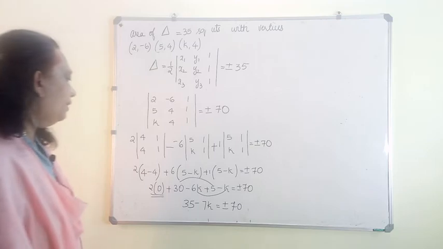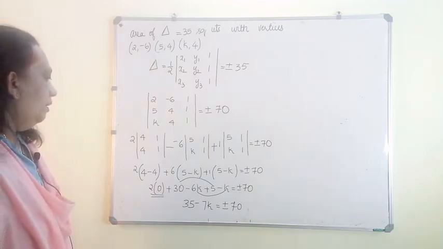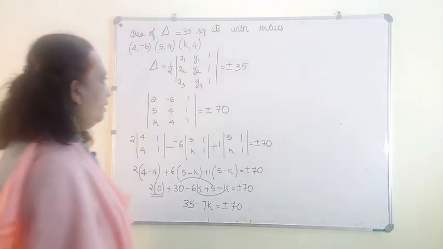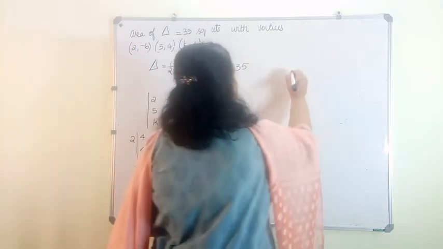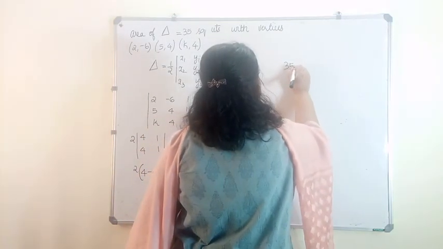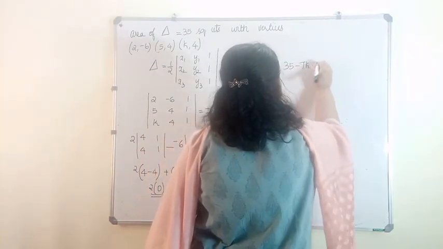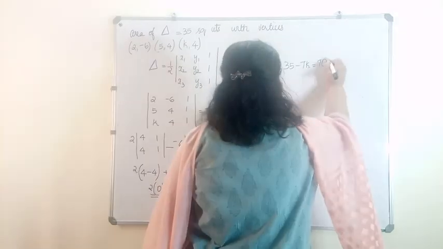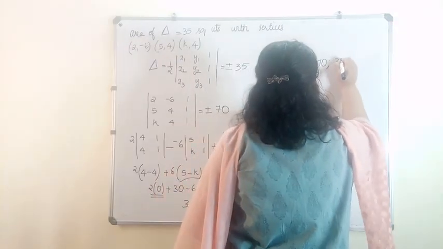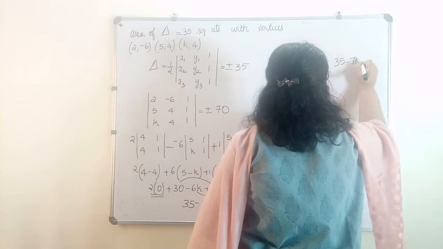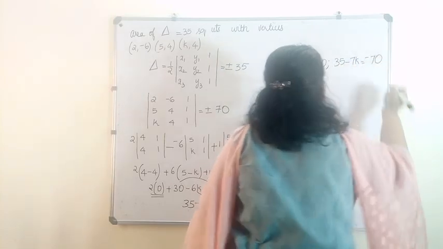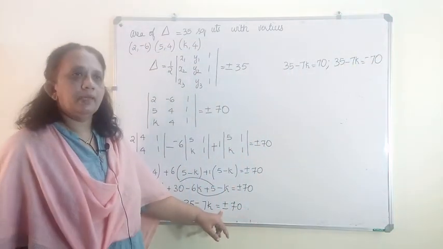35 minus 7k is equal to plus or minus 70. That is, 35 minus 7k can be equal to 70, or 35 minus 7k can be equal to minus 70.